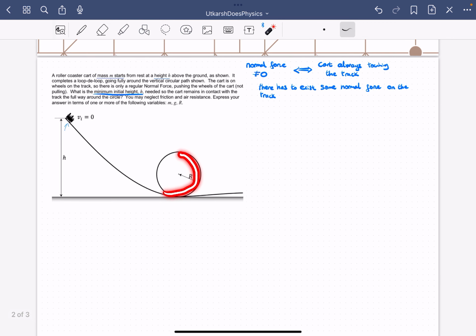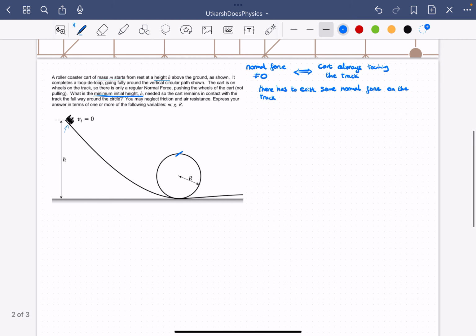So if the cart reaches the top and there's just enough normal force for it to keep going, then it'll once again gain kinetic energy and make it the whole way through the track with there always being some normal force. So the point of interest that we're going to look at is this very top point.